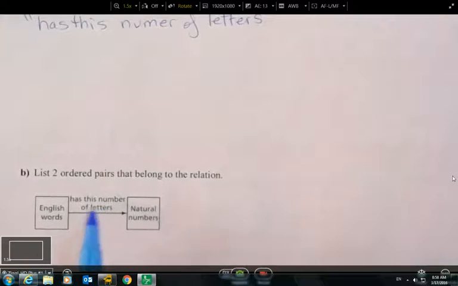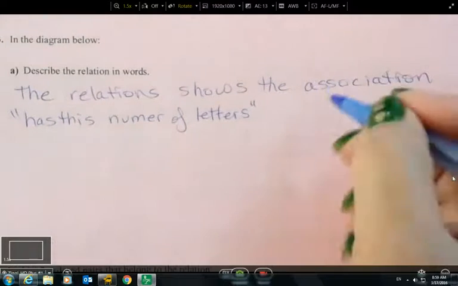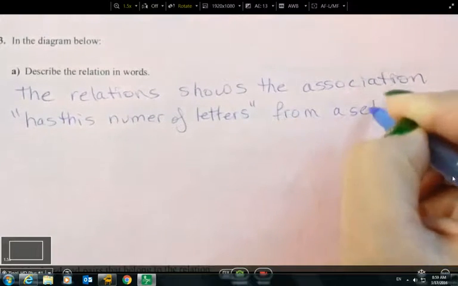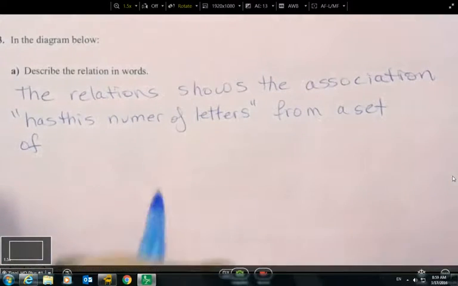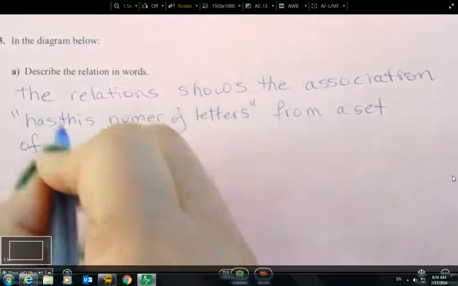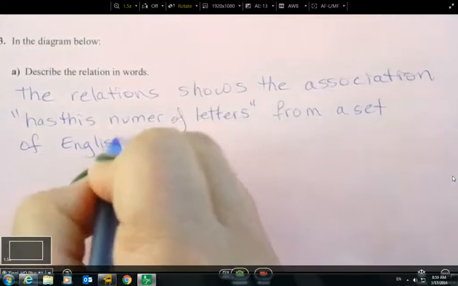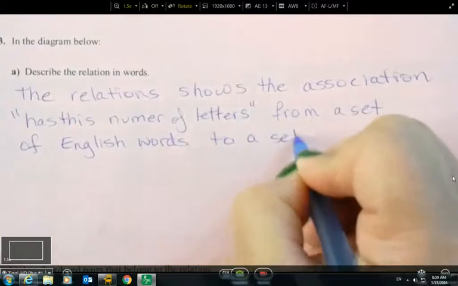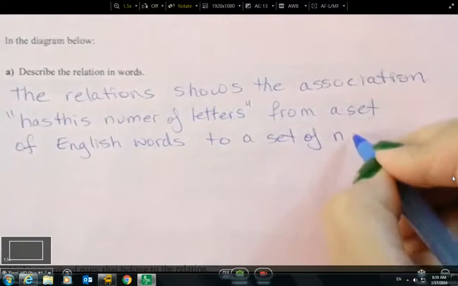Has this number of letters from a set, and then it's the first part of the arrow diagram, like the first oval or the first square in this case, to a set of, and then the second oval or square of natural numbers.